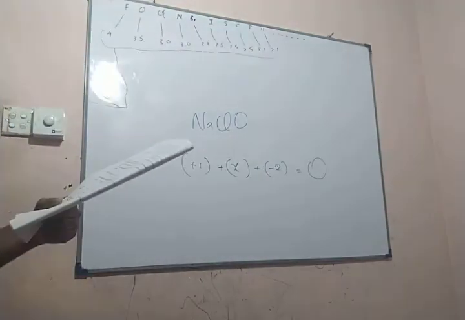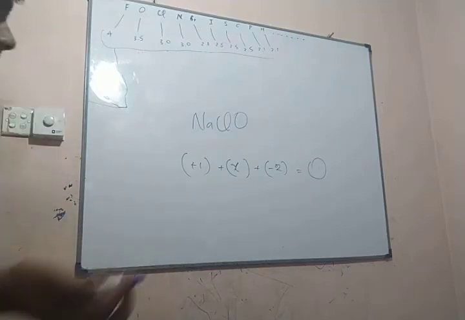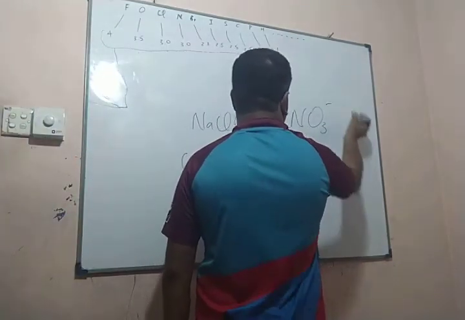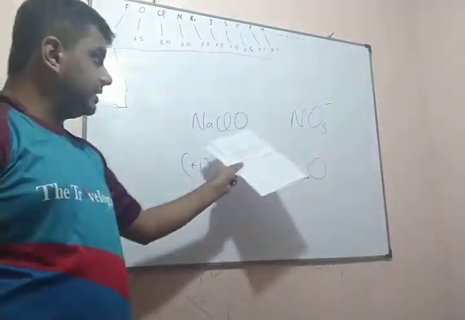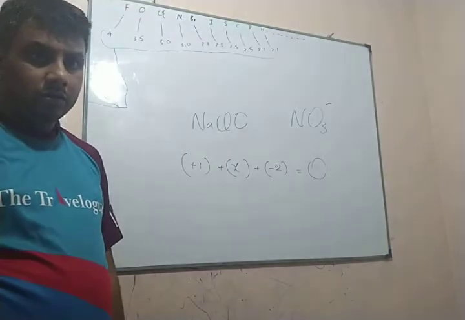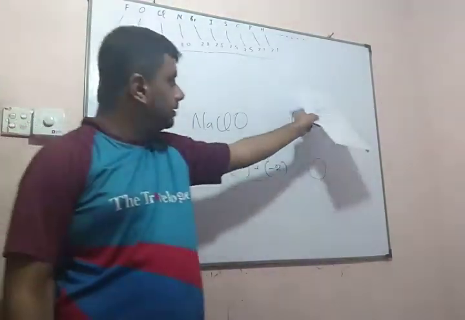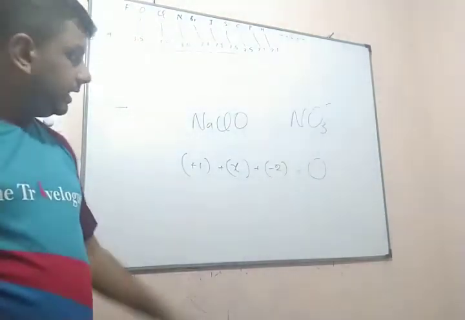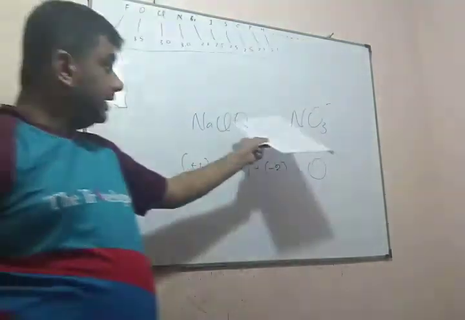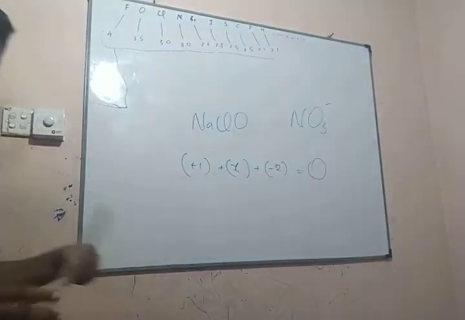And then ions. What about a polyatomic ion like NO3 minus? The sum of the oxidation states of all is equal to -1, because here the net charge is 0 because this is a compound, and here the net charge is -1, right? Okay, got it.